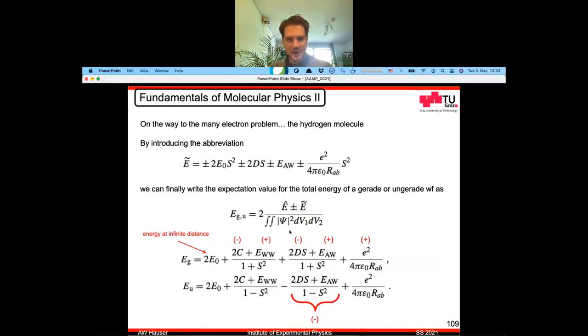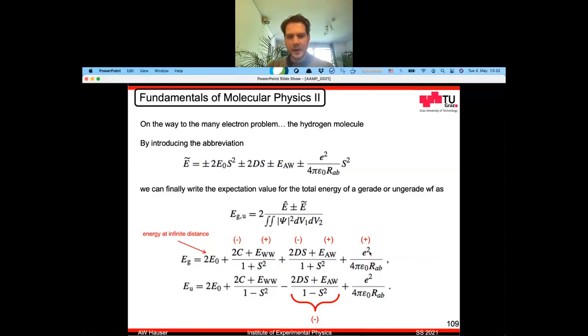So this gives us this exchange energy contribution. This is the third term, and then just another term that stems from the nuclear repulsion between the 2 positively charged protons.